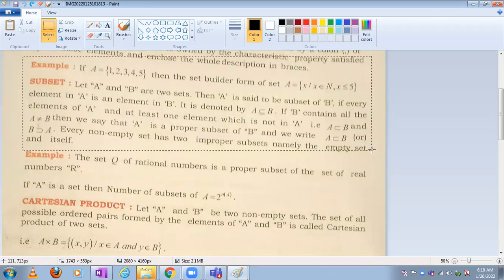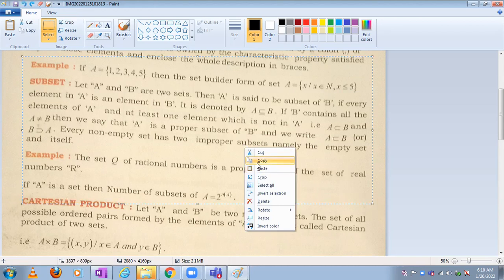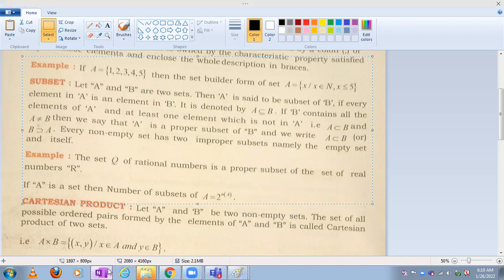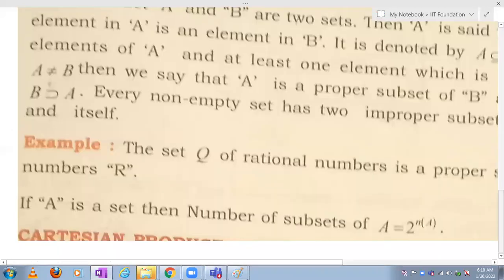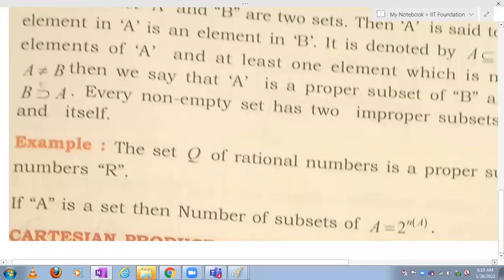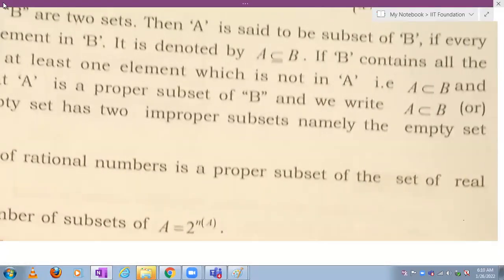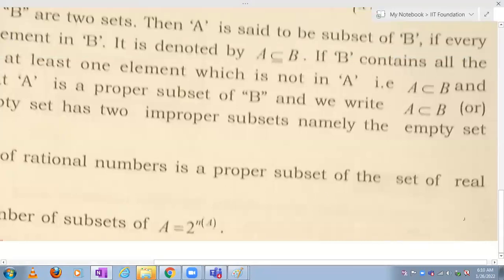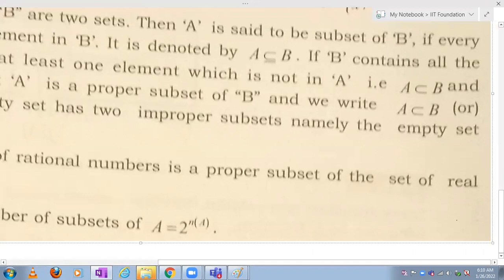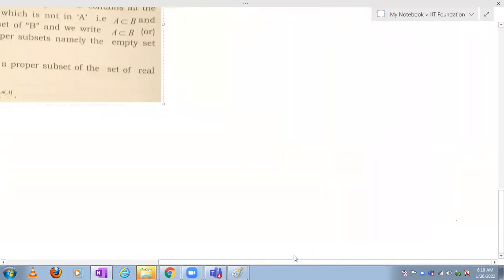So see, these are the subsets and number of subsets. Let's see. I explained all this before, still we have to recap it.